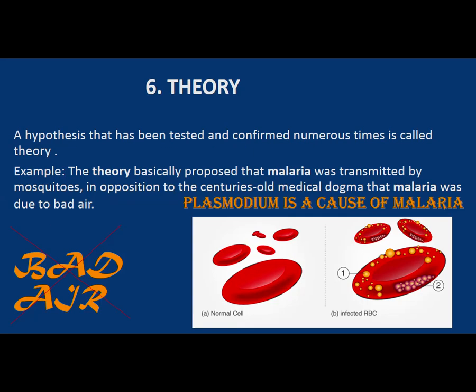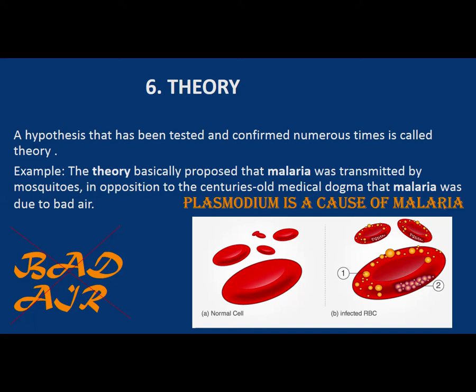Now number 6, theory. A hypothesis that has been tested and confirmed numerous times is called a theory. Different biologists work on it, test that hypothesis again and again, and then they say this is the theory, this is confirmed now.